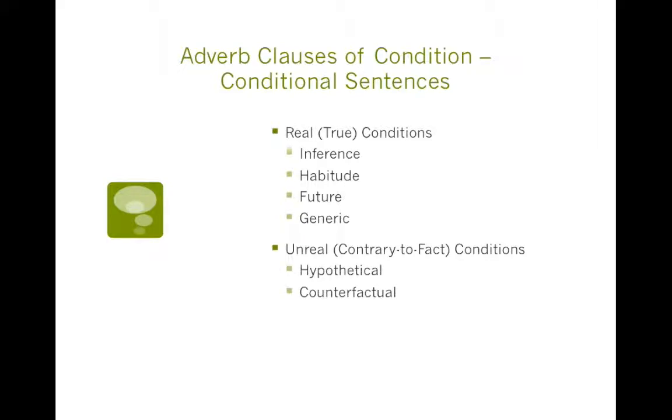Now the unreal or contrary to fact conditions include the hypothetical, which express speculations about the present or the future, and counterfactual, which express speculations about past events that did not occur or impossible situations in the present. And the important thing to understand is that the unreal or contrary to fact conditions, they're imagined, they're unreal.